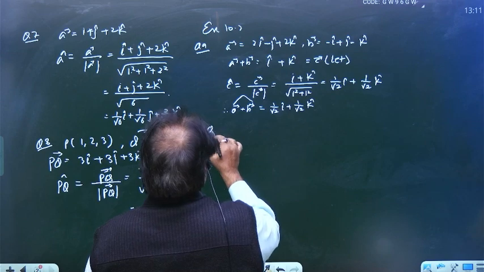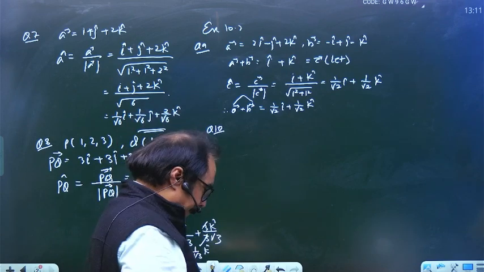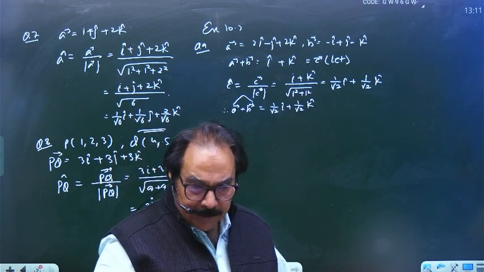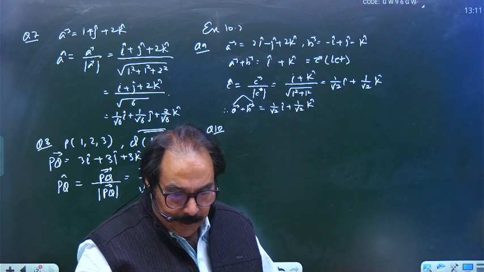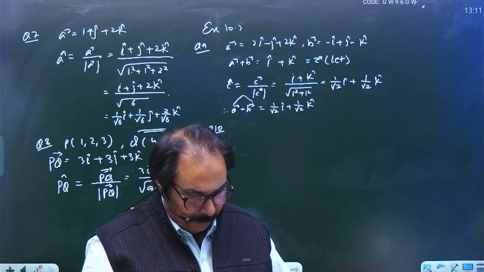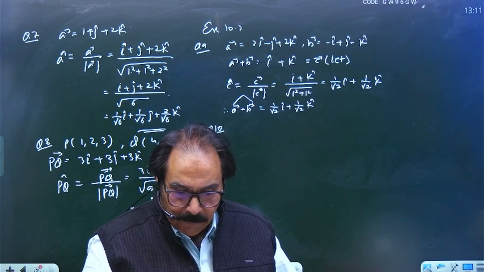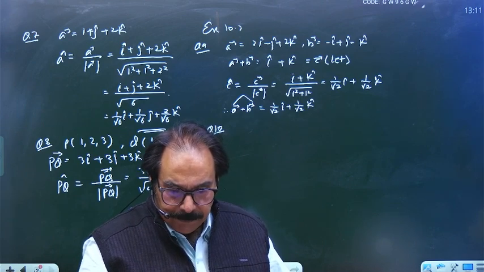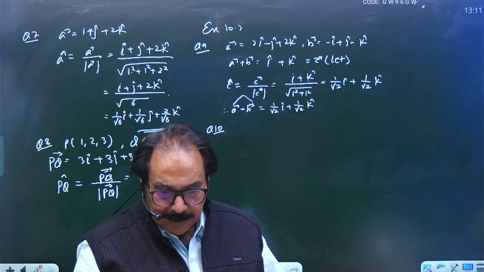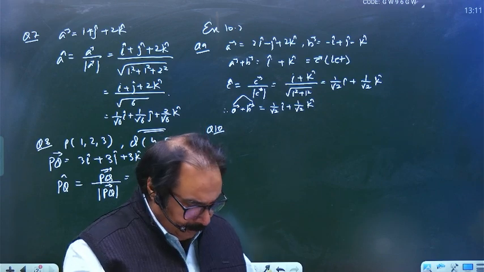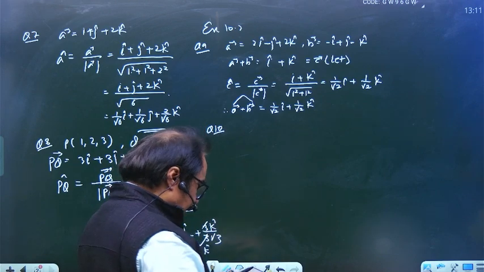Now the next question is question number 10, and the 10th question is: find a vector in the direction of 5i cap minus j cap plus 2k cap which has magnitude 8 units. Magnitude is given.